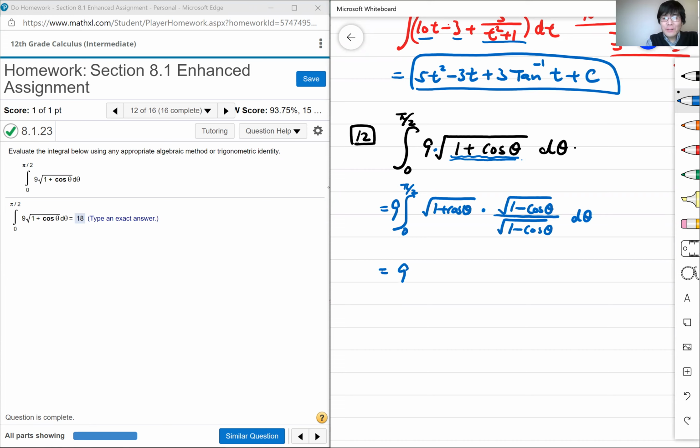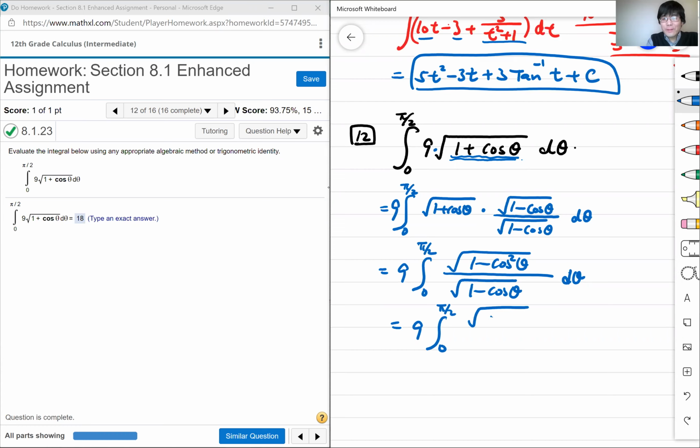Then what we are going to get is the numerator going to be square root of 1 minus cosine square. And 1 minus cosine square is same thing as sine square.